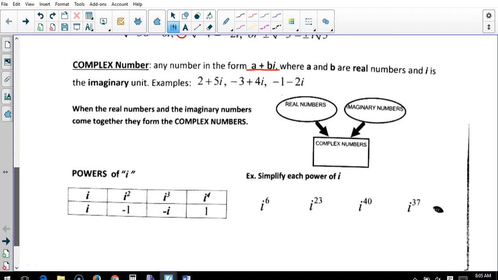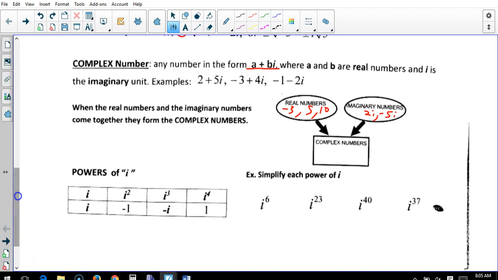So when real numbers and imaginary numbers come together, they form complex numbers. Real numbers are like negative 3, and 5, and 10. Imaginary numbers are 2i, negative 5i, and so forth. So then we put them together, we have something like 10 minus 2i.